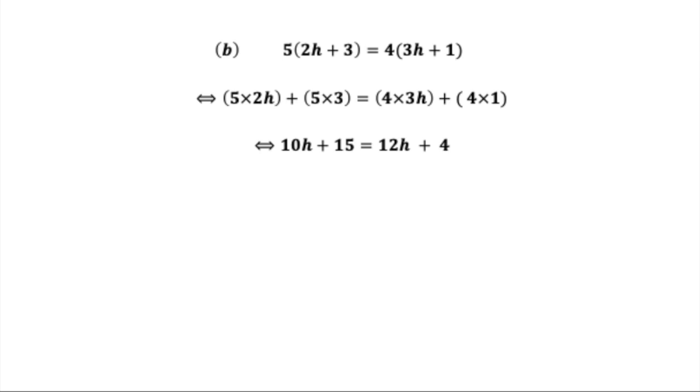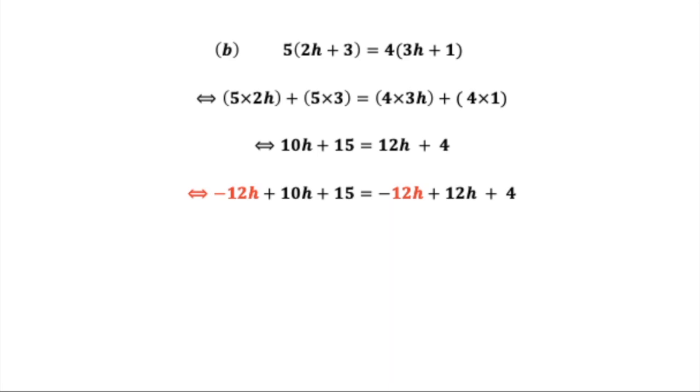So I get rid of the 12h, so that on the right hand side I could end up with just a number that does not involve the h, because we are trying to isolate h on the left hand side, right?